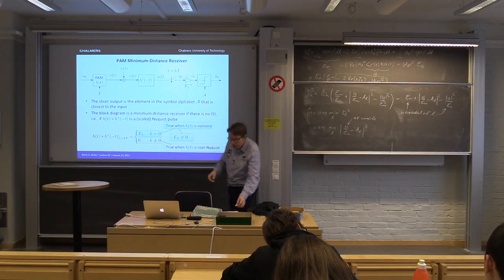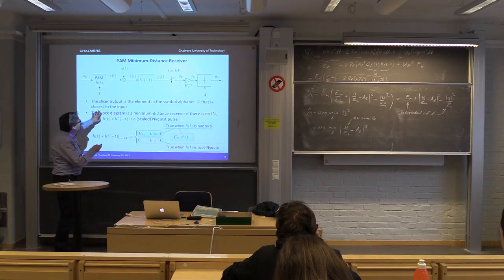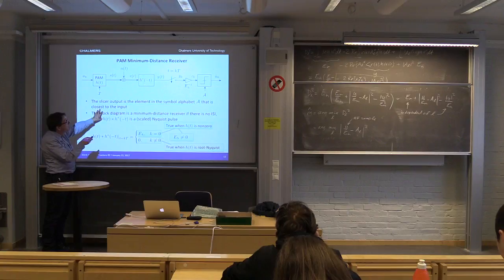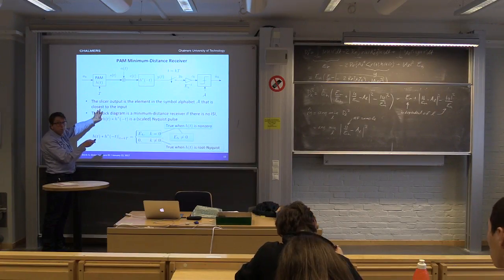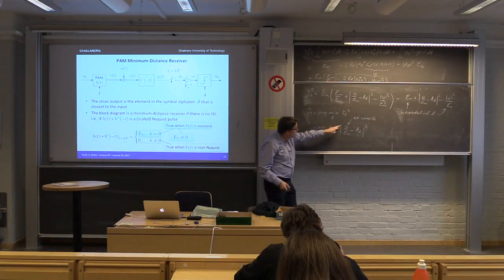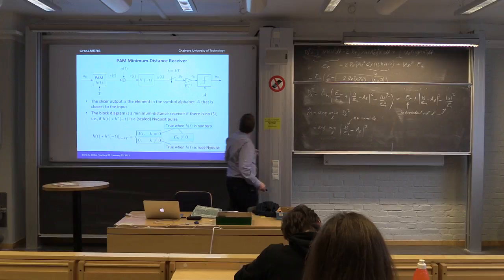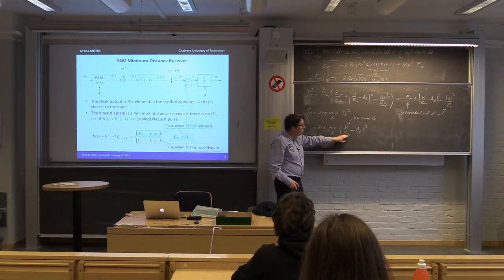Okay, so let's see how this is actually in the block diagram here. First of all, we take R, matched filter, then we get Y, and we sample it, and then we get Y. Then we divide by EH. We take Y, divide by EH. So Z here is this first term.